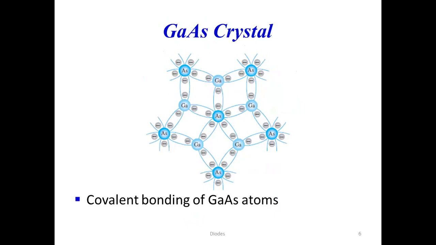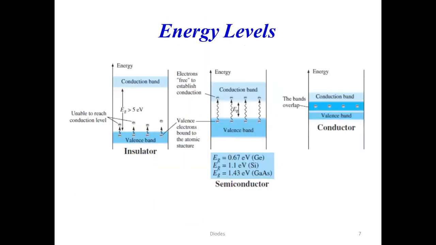Now, basically, why are we using only semiconductors for the manufacturing of different components? So if you see, there are 3 different types of materials. One is insulator, another is semiconductor, and the third one is conductor.